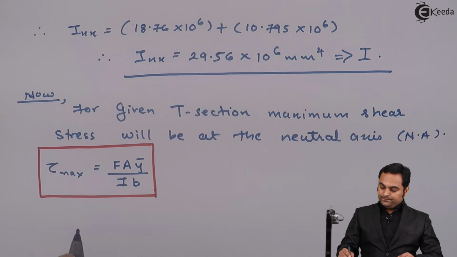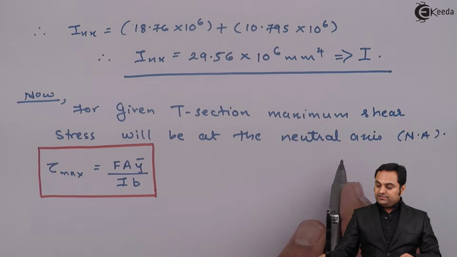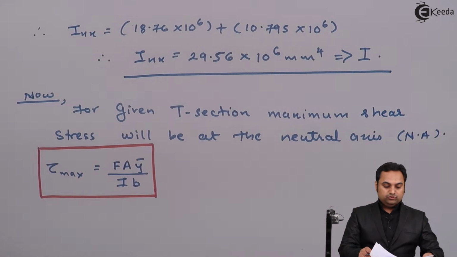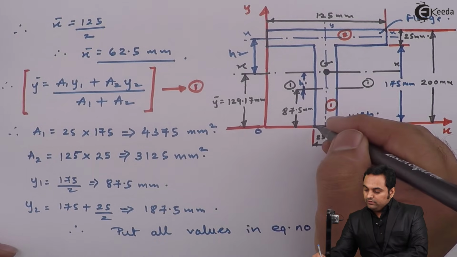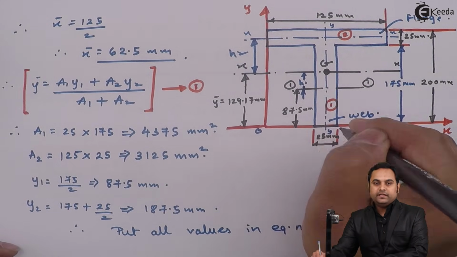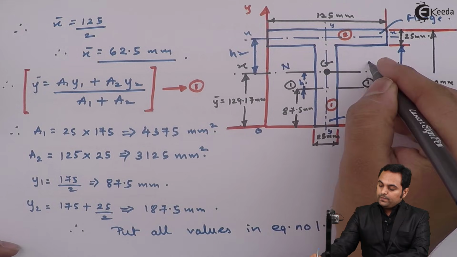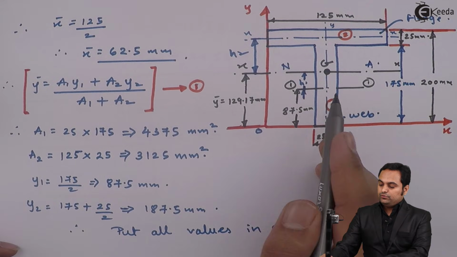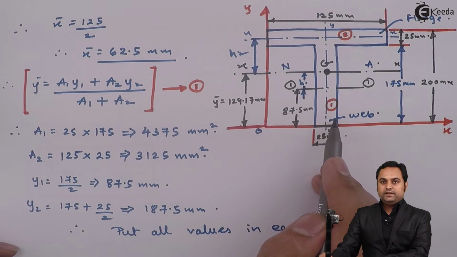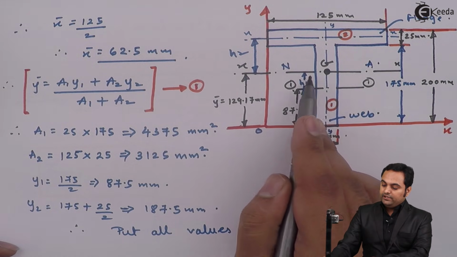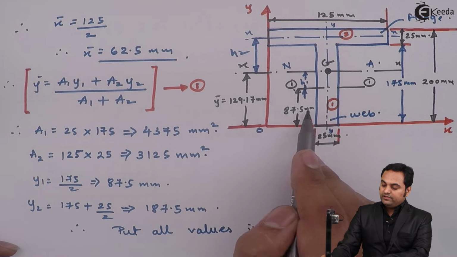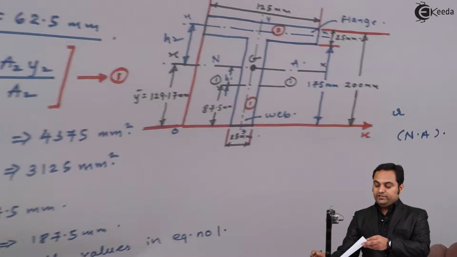So next, tau max, since it is at the neutral axis, to calculate that we require the area from the bottom only up to the neutral axis, because we want the stress at the neutral axis, so we have to consider the area below the neutral axis as we are taking the reference from the bottom. So the area will be 129.17, that is height, into width as 25.